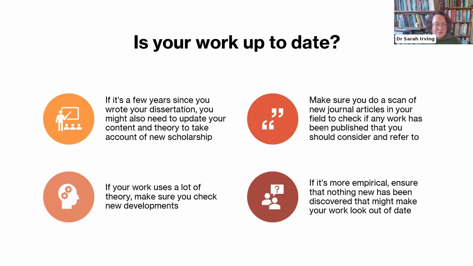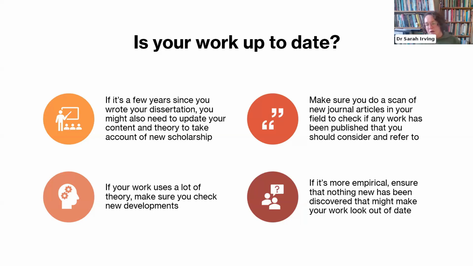If you're using a lot of theory, make sure that you are checking new developments in that theory, or work that has been written by major theorists that you are talking about, in order again to make sure that you are up to date with the approaches that you're using.